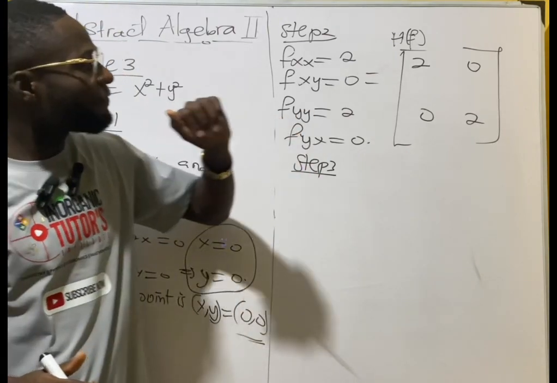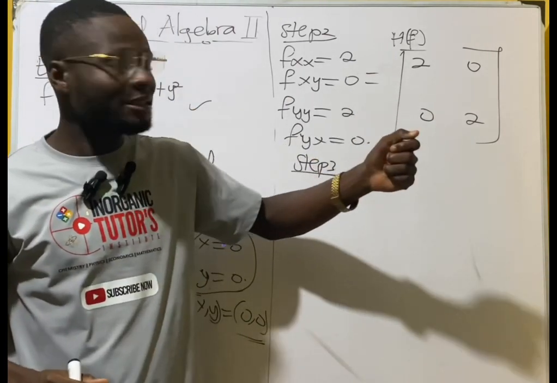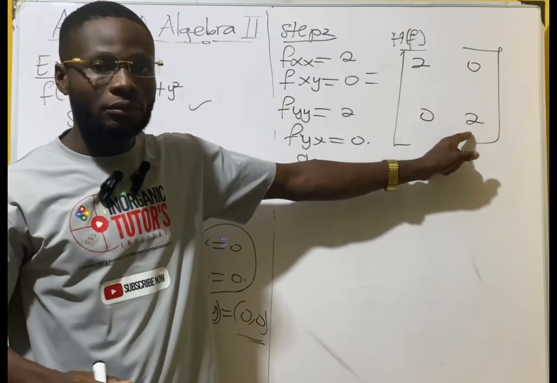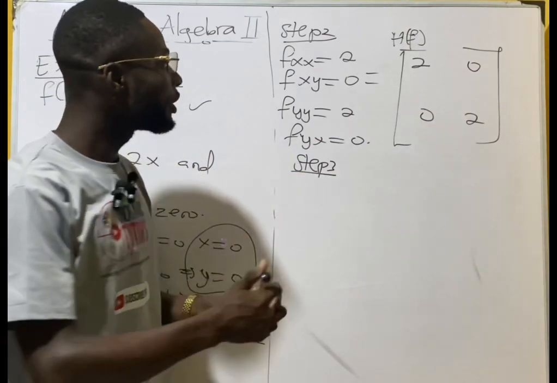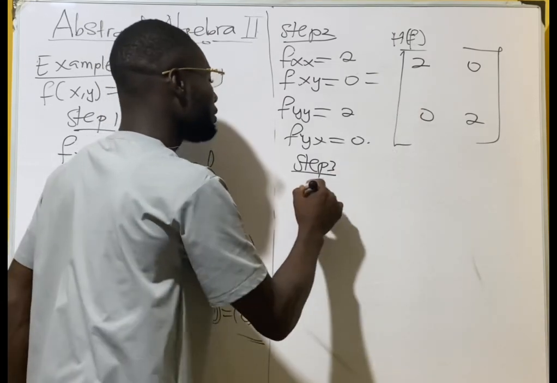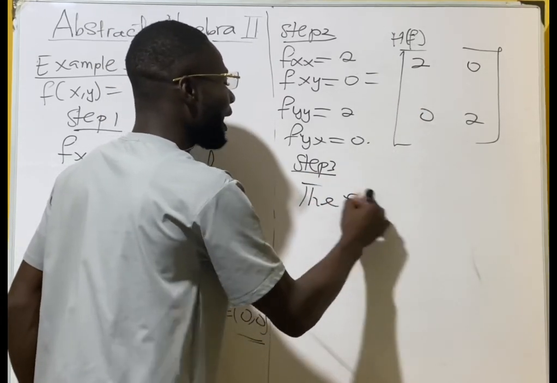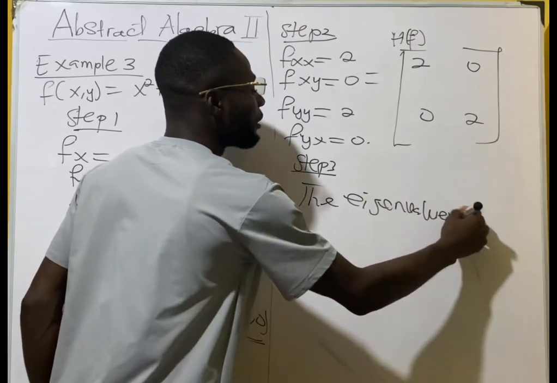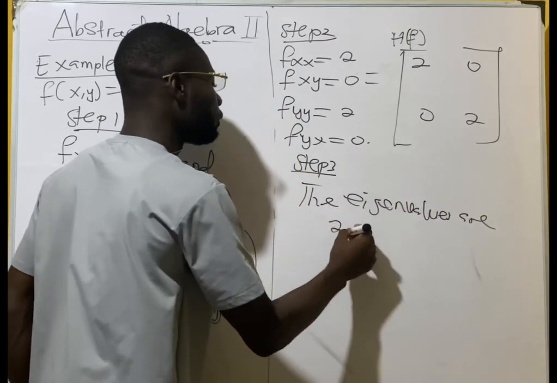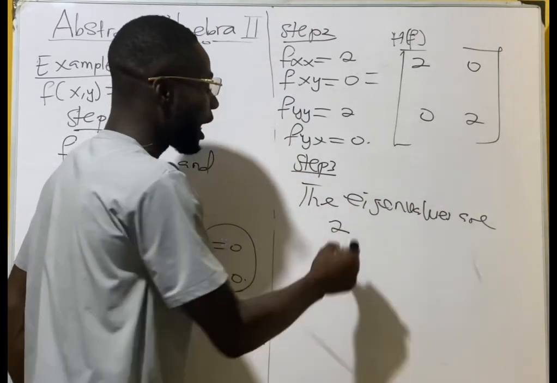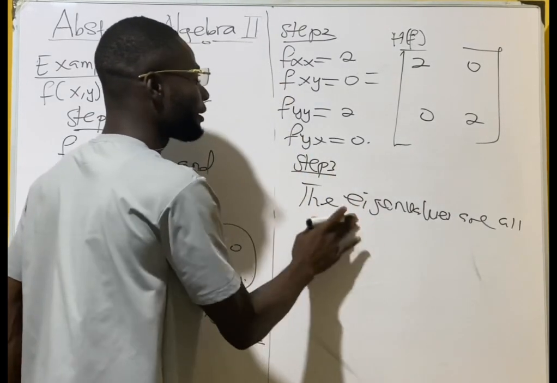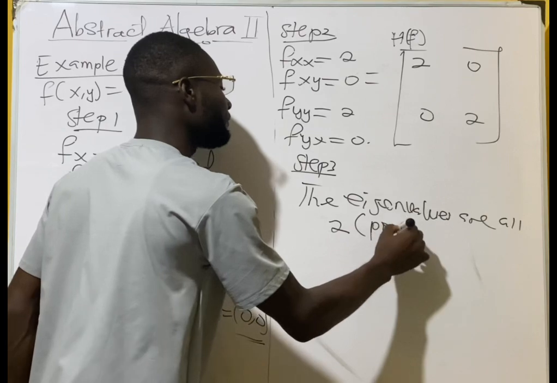If it is a diagonal matrix, then the eigenvalues are the main diagonals. So the eigenvalues are 2. They are all 2, right? And they are all positive.